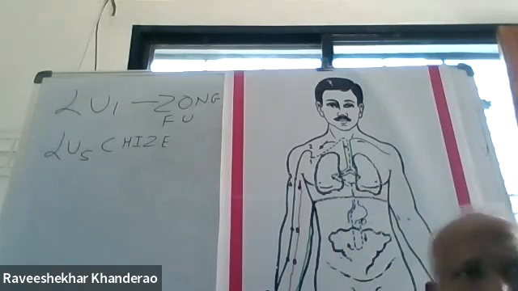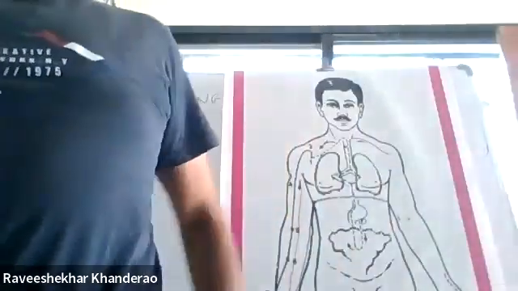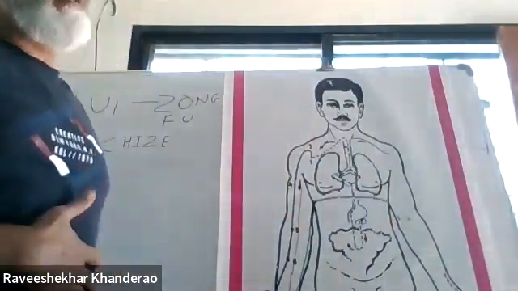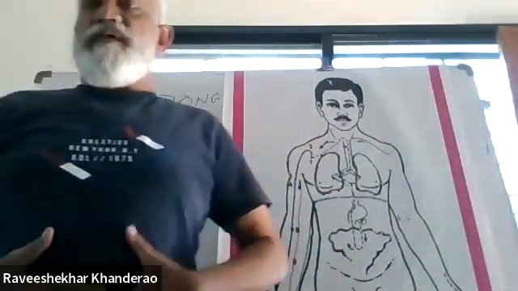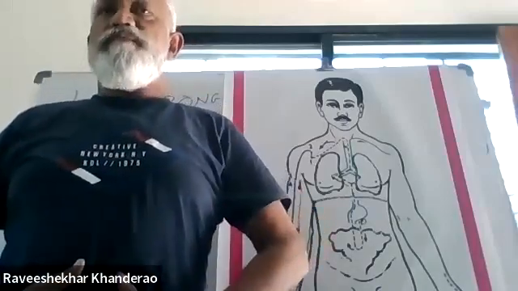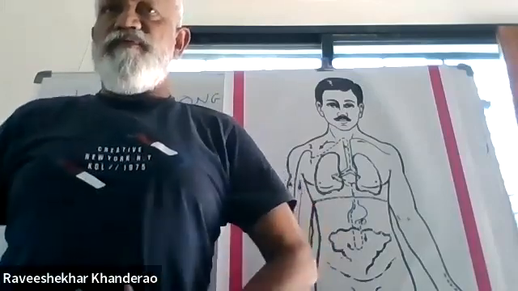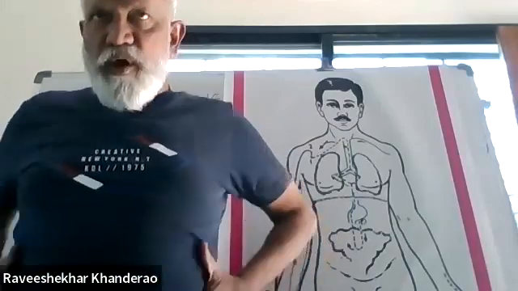Again, cough, asthma, fullness of the chest, distension of the chest, and tension in the hypochondriac region. What is the hypochondriac region? Hypo means lower, so below the diaphragm, whatever is there is the hypochondriac region.